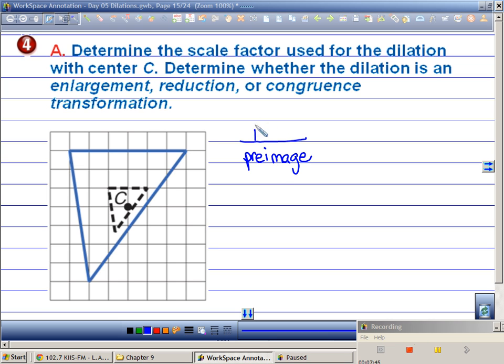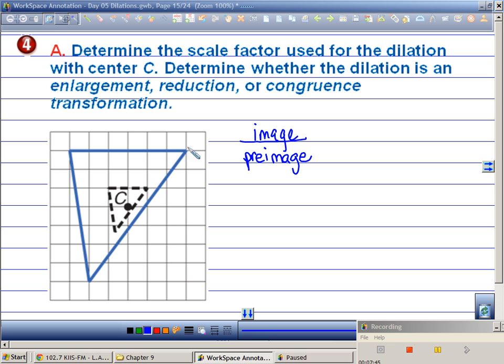Whenever you compare something, you're comparing to what it started with, right? So when I have a pie and I want to divide a pie by, I don't know, 3, and it normally has 12 slices, I wouldn't put the 3 in the denominator, right? You would talk about all of the pieces that we were originally talking about would go in the denominator. So the original image, the preimage, needs to go in the denominator.